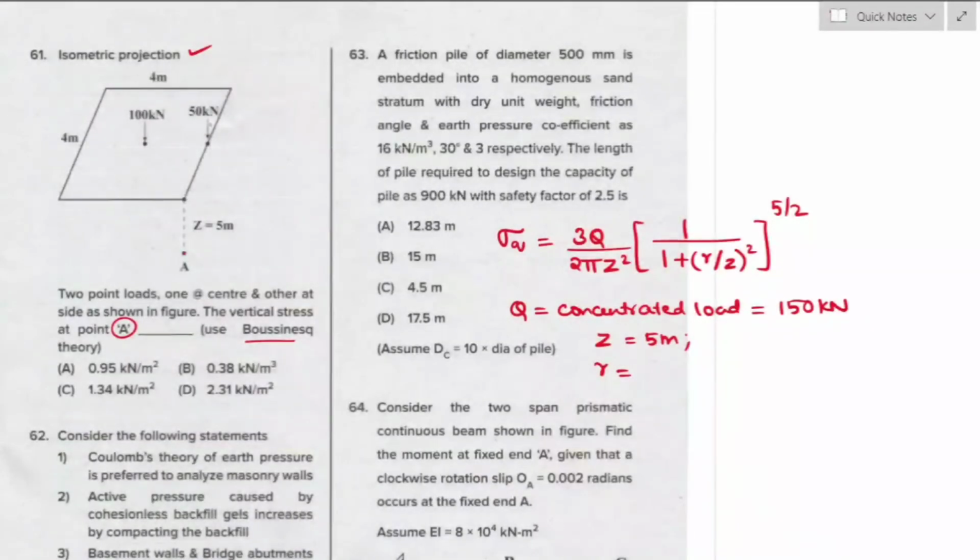So from center of the isometric projection, this is the horizontal distance between any 2 points. So taking this as 2 meter and 2 meter, the horizontal distance is root of 2 square plus 2 square, which is equal to 2.828 meter.